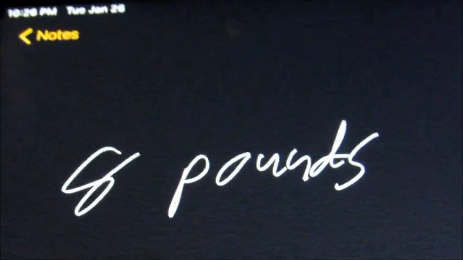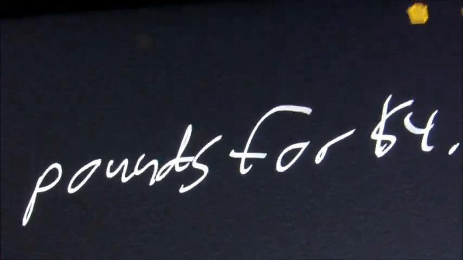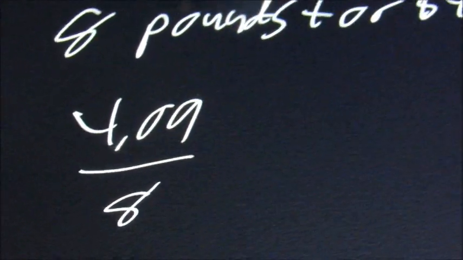Next, you're going to have questions like you get 8 pounds of whatever food for $4.09. So how much is it per pound? You do the same thing, 4.09 over 8.